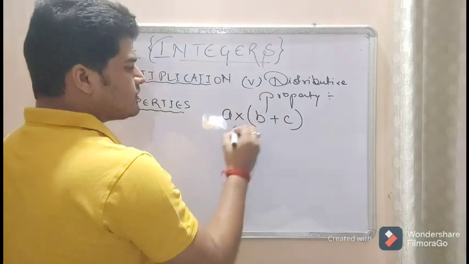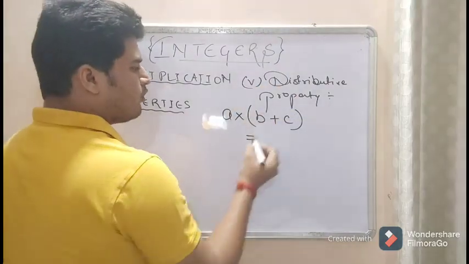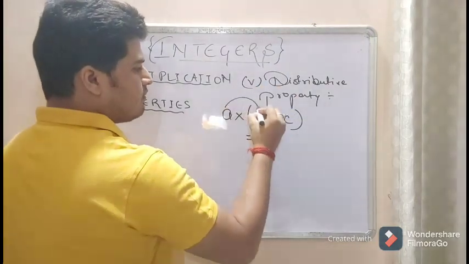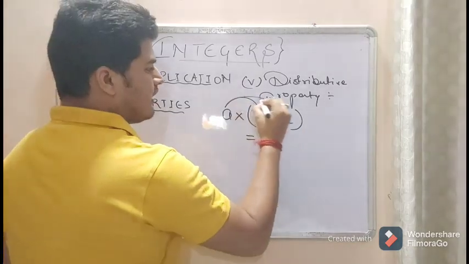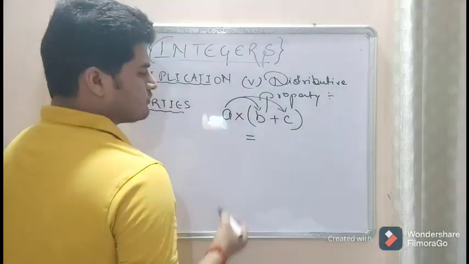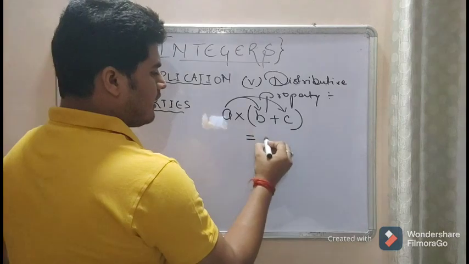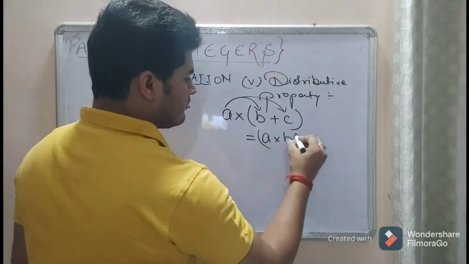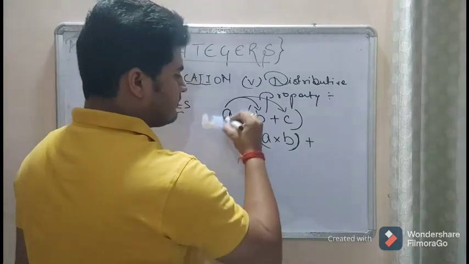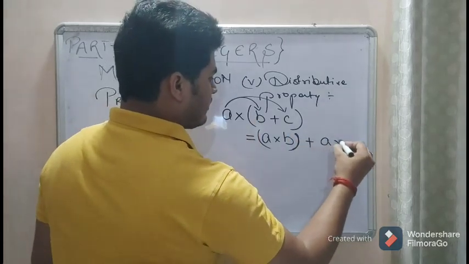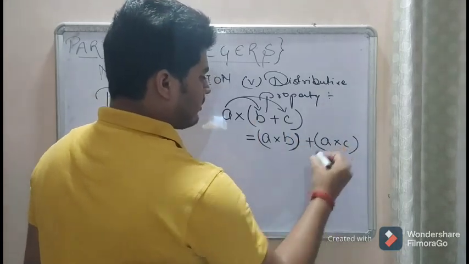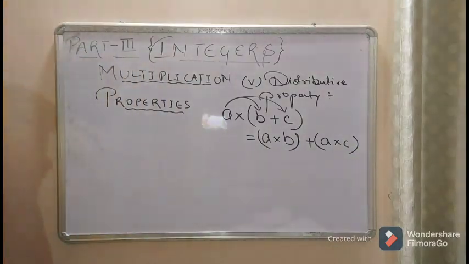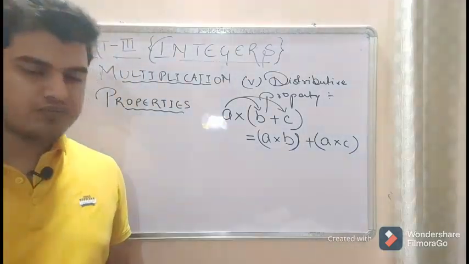The multiplication is distributed to both the numbers. a will be multiplied with b also, and a will be multiplied with c also. So the result will be a into b plus a into c.